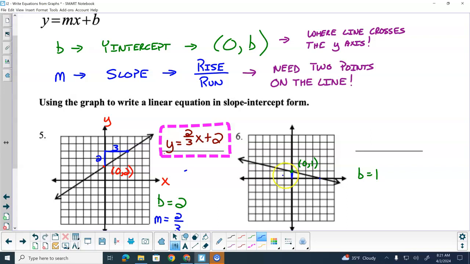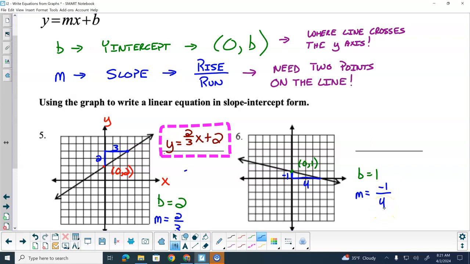Yep, so that's -1 there. With me? Okay. And then my run here is 1, 2, 3, 4. 4. Okay. So that would give me a slope of what, Eric? -1 over 4. Love it.